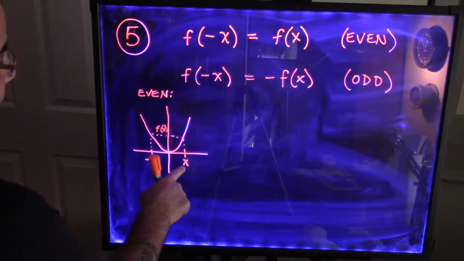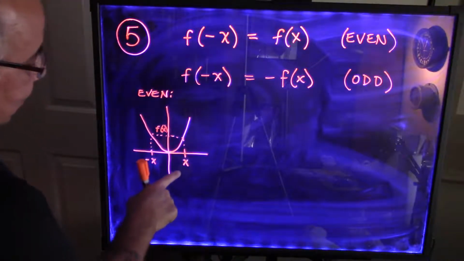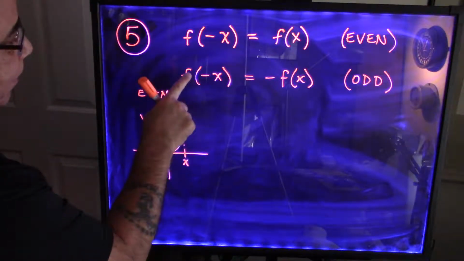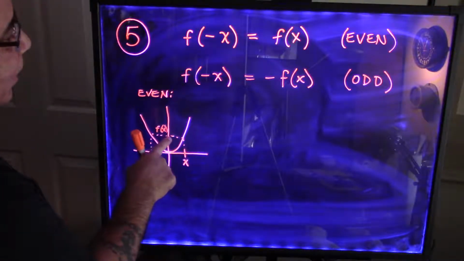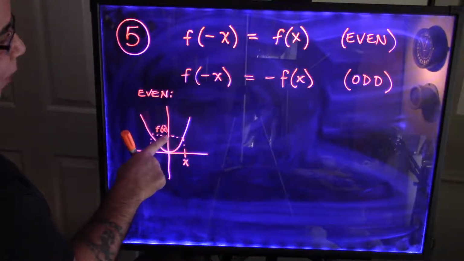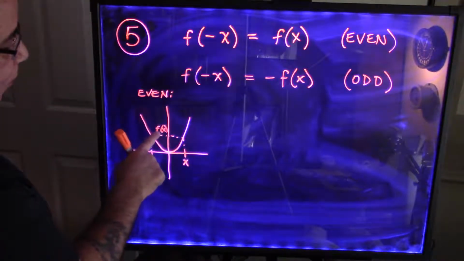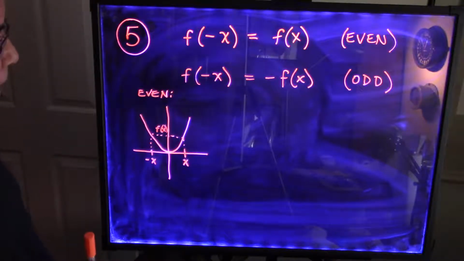If that's x, that's f of x right there on the y-axis. So f of negative x equals f of x, correct? That's f of x there, and that's f of negative x. They're both the same.